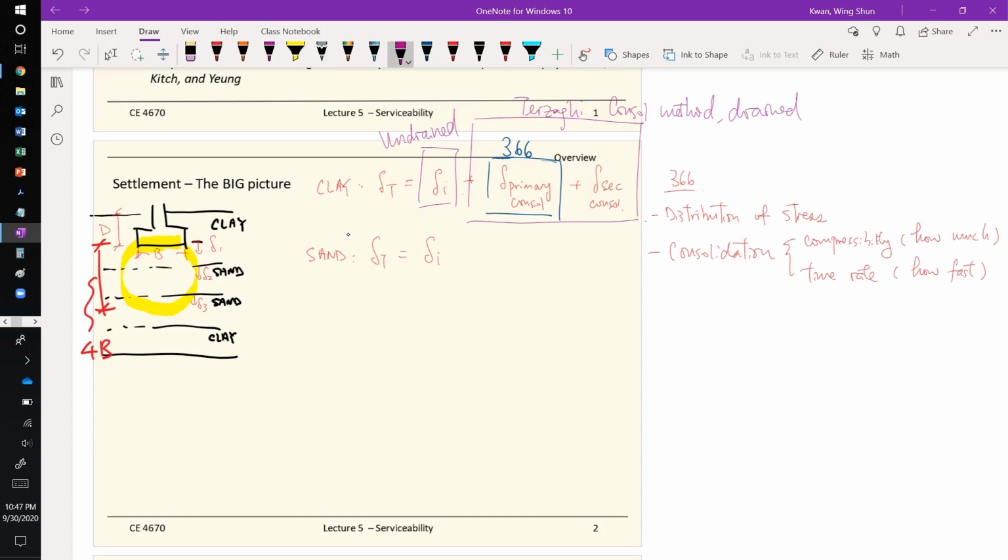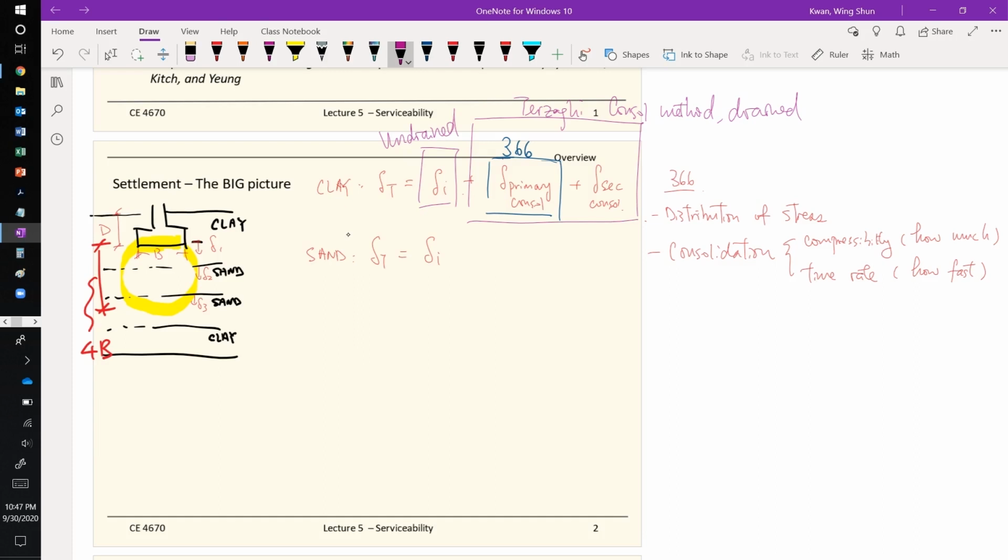At that time, even if you have a clay site, there is not enough time for the pore water to escape the very, very less permeable clay. So that's why it's an undrained condition.